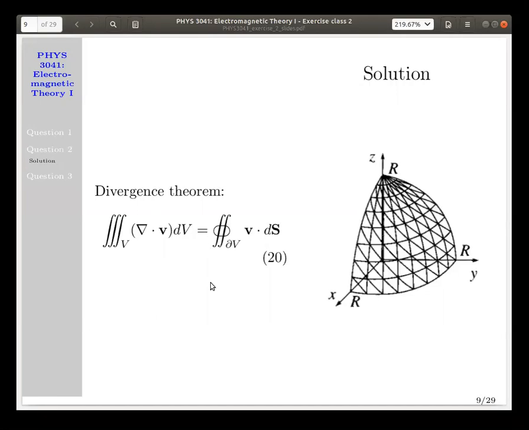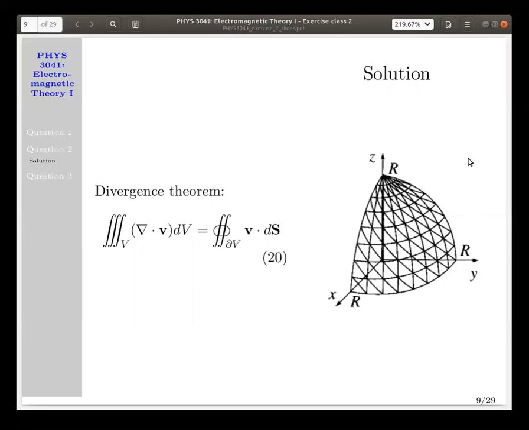The divergence theorem states that the integral of the divergence of a vector field v over a volume is exactly equal to the surface integral of the vector field v over the boundary of that volume.